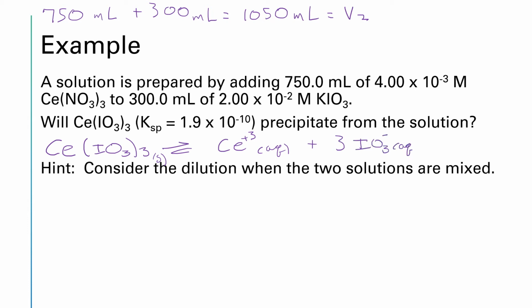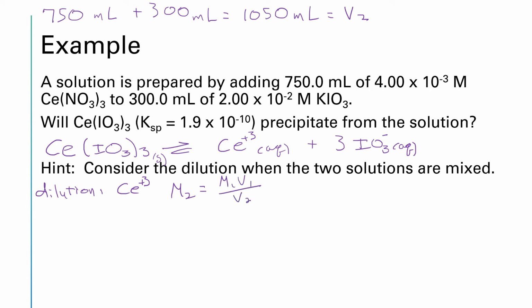And so we'll need to calculate what the concentration of each one of these ions is after dilution, and then plug that into our Q expression, and then see how Q compares to K. So for the dilution issue, for cerium, M2 will be M1 V1 over V2.